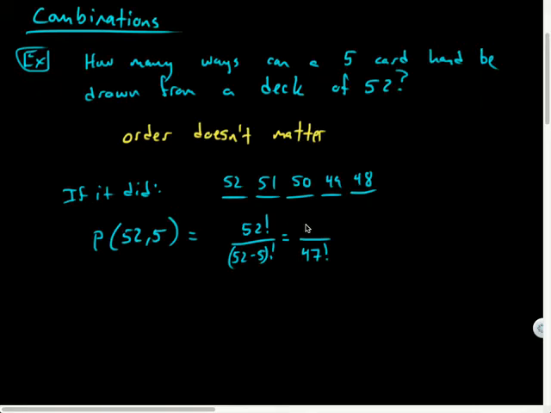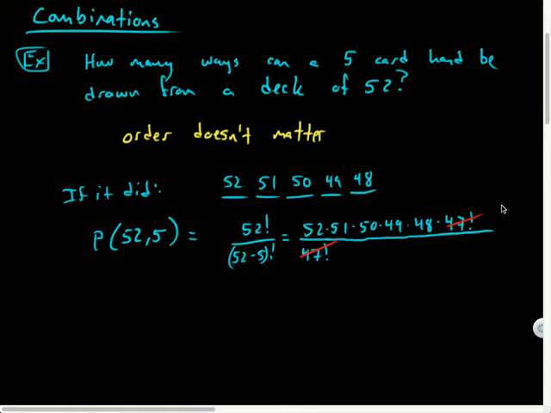So 52 factorial up top, I'll just write as 52 times 51 times 50 times 49 times 48 times 47, 46, and so on. It would keep going, so why not just write that as 47 factorial conveniently? And you would have realized, aha, this could cancel out with that. So that's nice. And then I could multiply those all out and I'd get some big number.